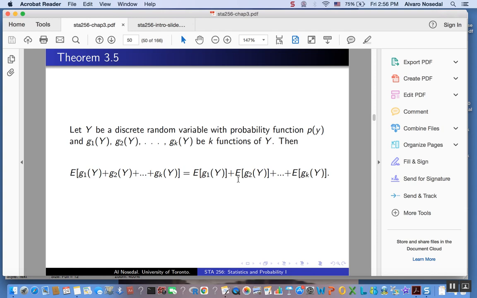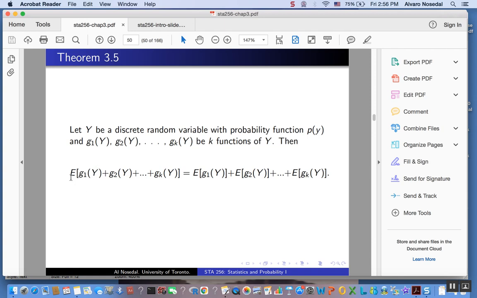Okay, take a look at it. Make sense? Okay, so basically what we're saying here is this: now you are interested in a sum of transformations of your original random variable y.